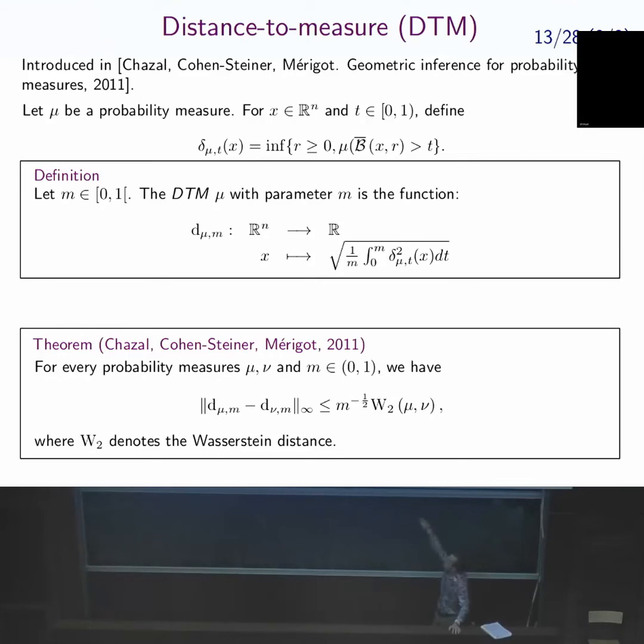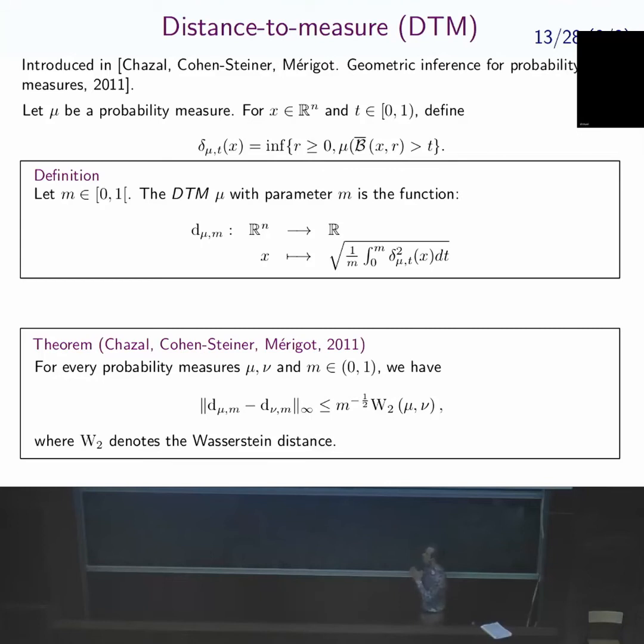The Wasserstein distance is the optimal transport distance between measures. So this is a stability result that says that if I do not observe mu directly, but a close measure nu, in the sense of Wasserstein distance, the DTMs are still close to each other.